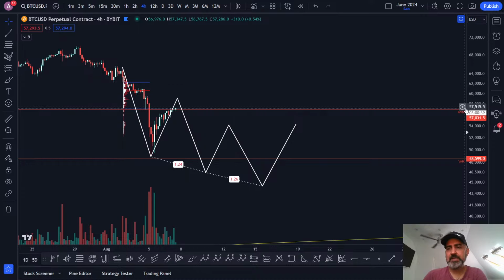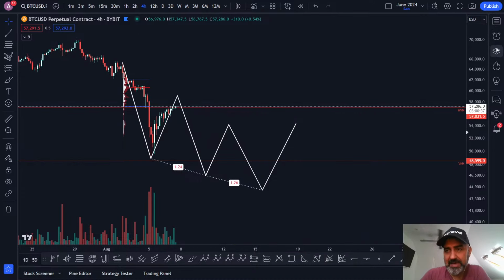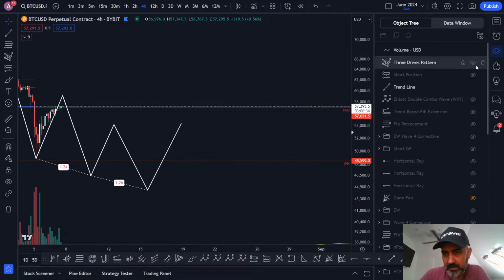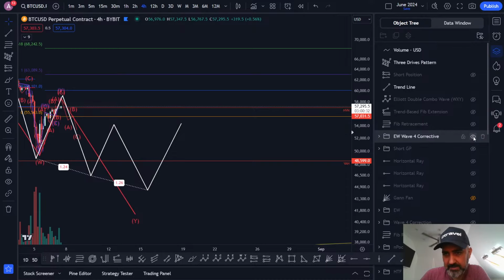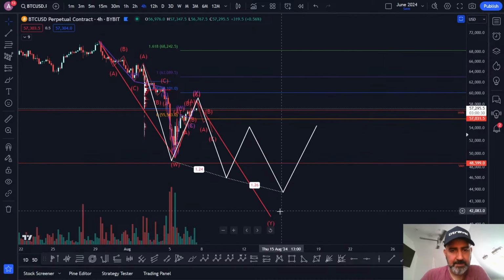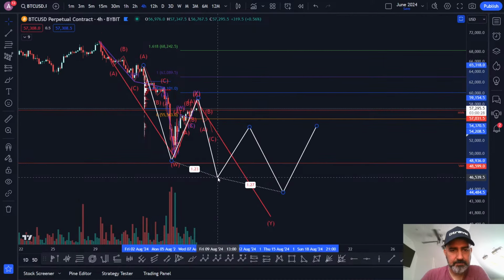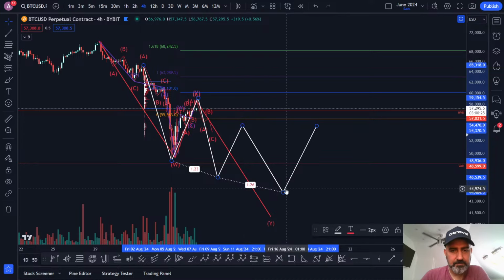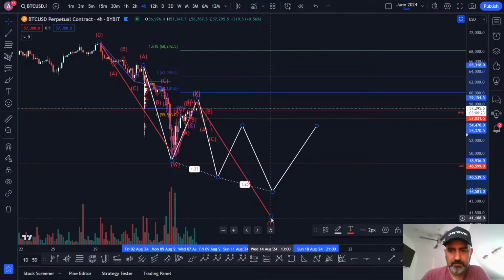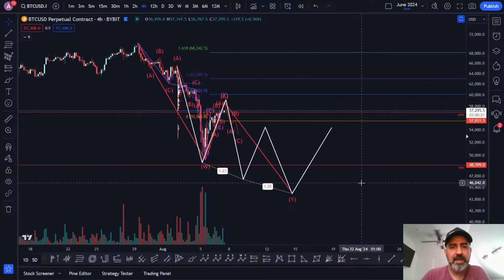And how would that work in terms of Elliott waves? I don't know. I'm just making this up as we talk, imagining something and seeing if it comes into play. Basically like that.